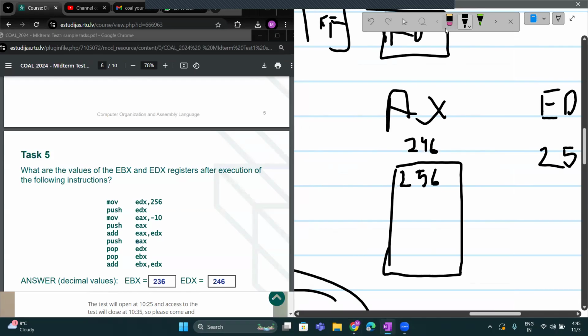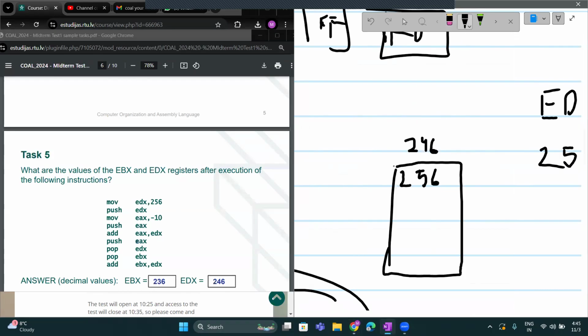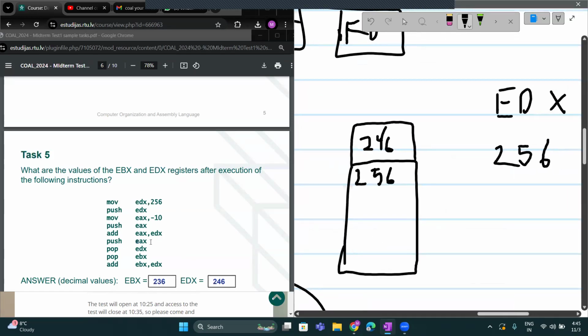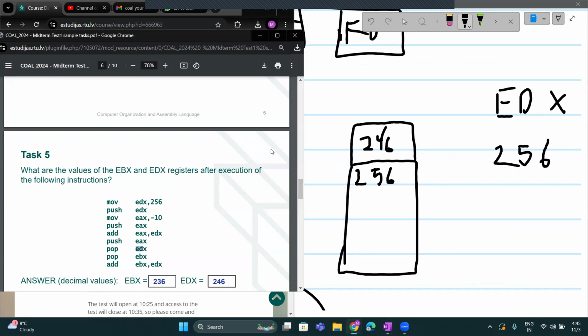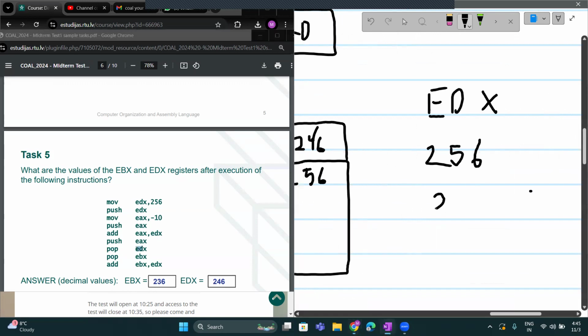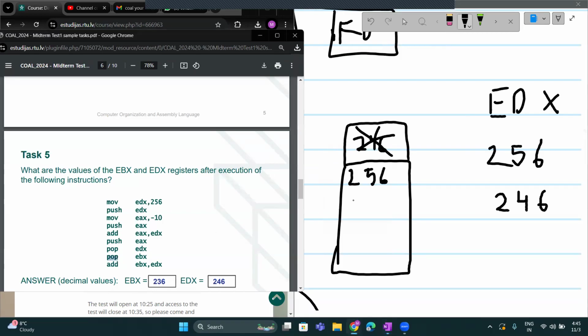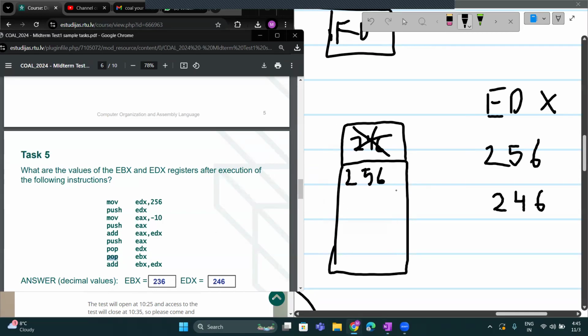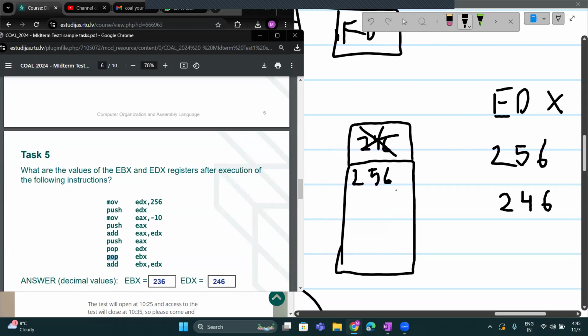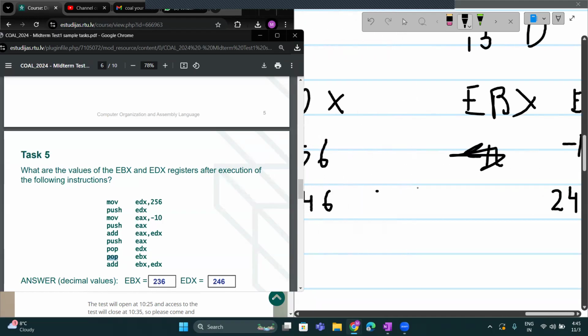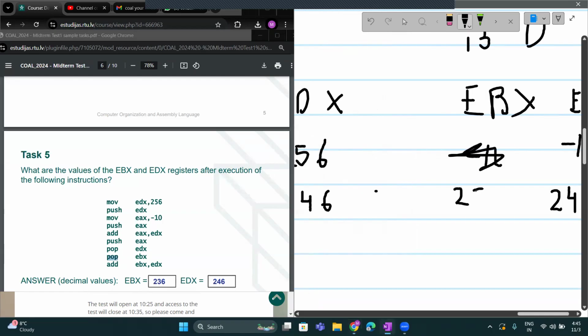So if this is a stack, let's move this. Now this is the updated stack with 246 on the top. Then we pop the value from the top of the stack to EDX. So now this will have 246. And then when we pop, this value goes away. And then we pop again, the EDX value will become 256.